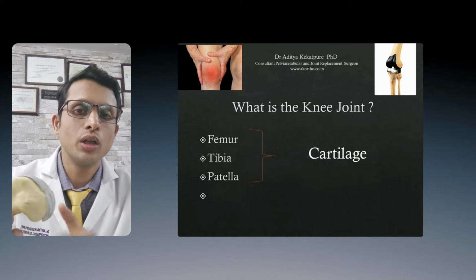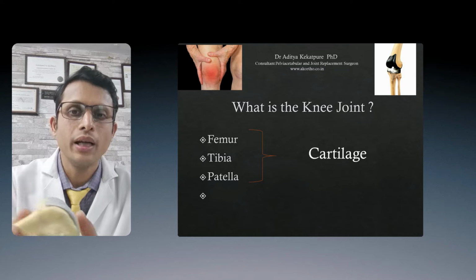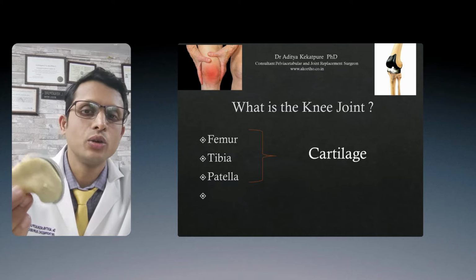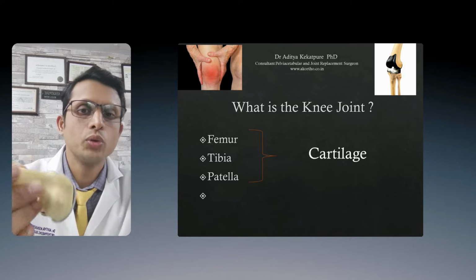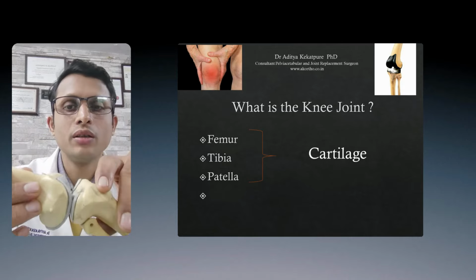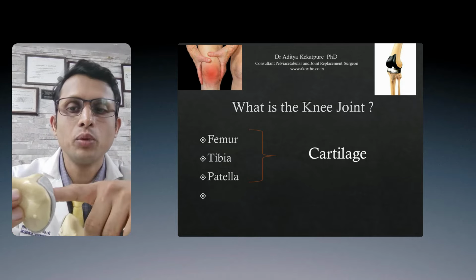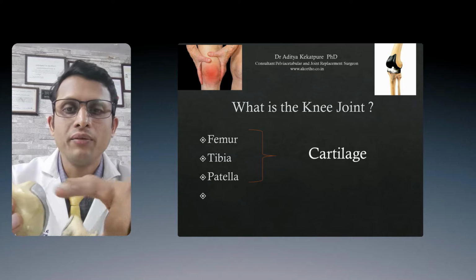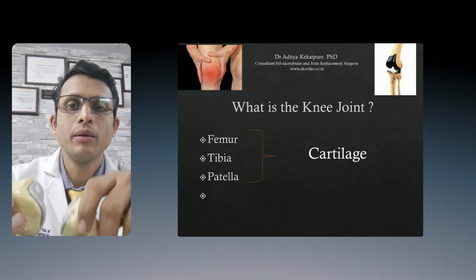It is not supplied by nerves, and it acts as a lubricant. It does not allow our bones to rub against each other. Whenever the cartilage is gone, the underlying bone is exposed, and that is where the nerve endings are. Once that happens, the patient complains of pain.